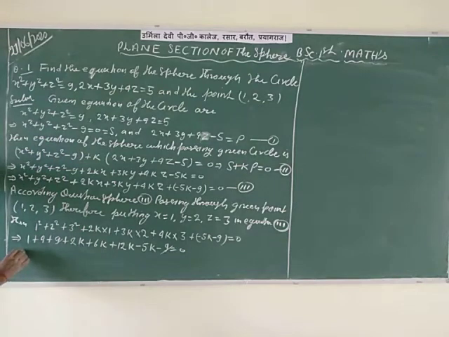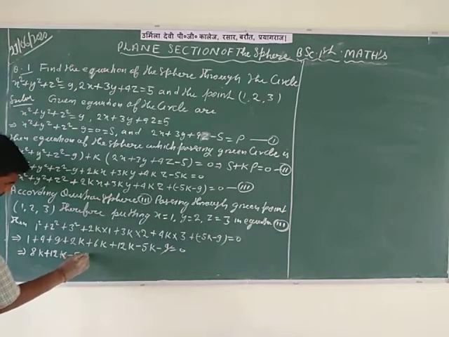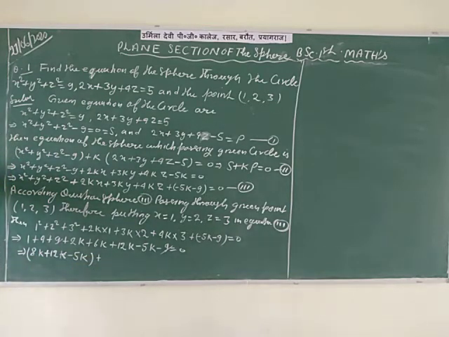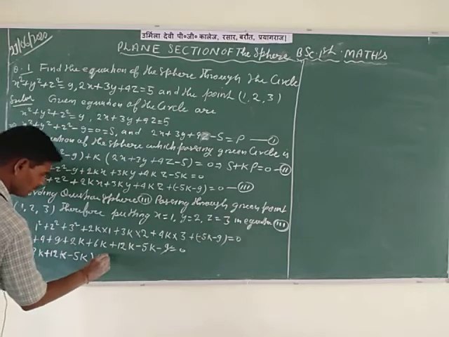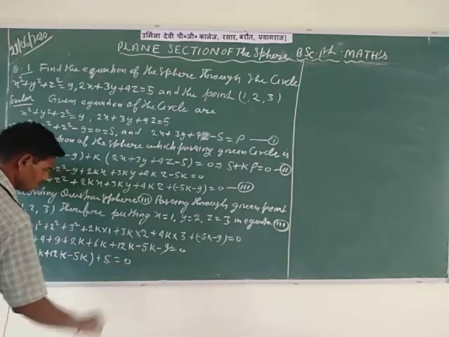So in the first bracket write 2k, 6k and 12k, meaning 2 plus 6 is 8, 8k plus 12k minus 5k, and the second bracket numerical values are 1 plus 4 is equal to 5, so plus 5 is equal to 0.